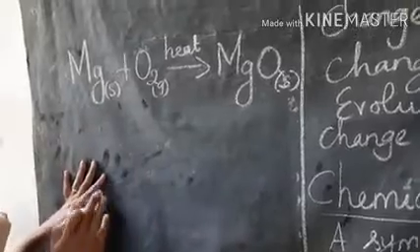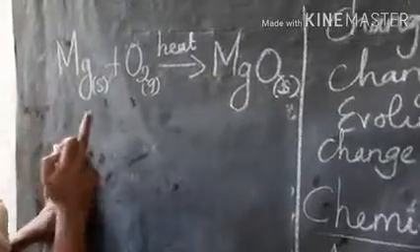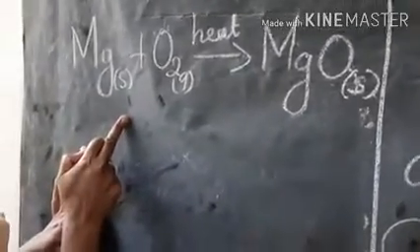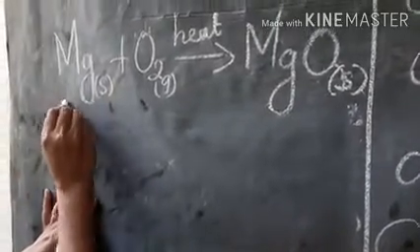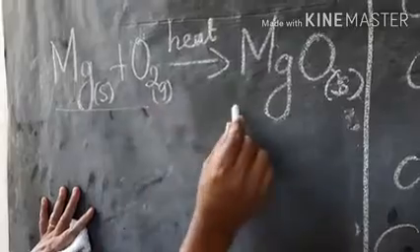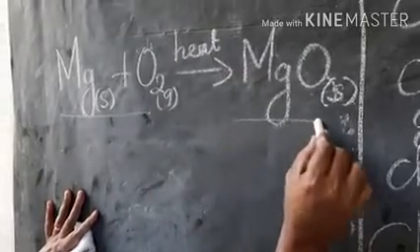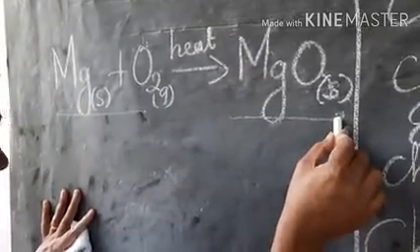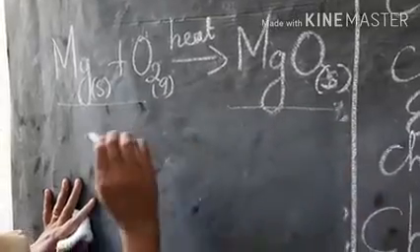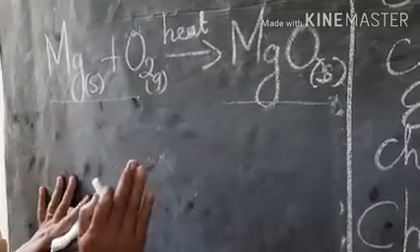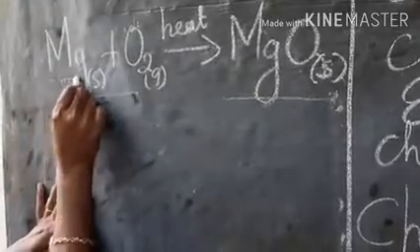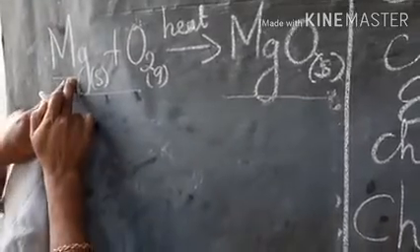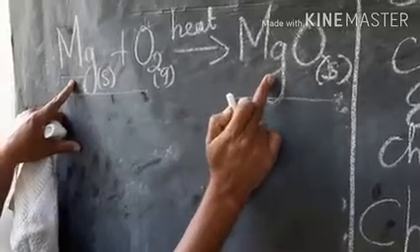Now, according to the law of conservation of mass, the total number of atoms present in the reactant should be equal to that in the product. Then only the equation is correct. Here, look at magnesium, one atom is there on the reactant side, and on the product side, one.